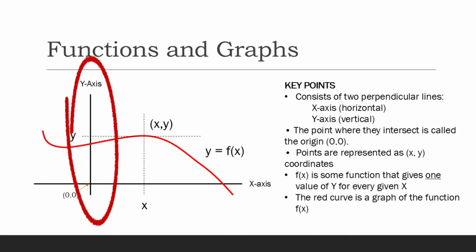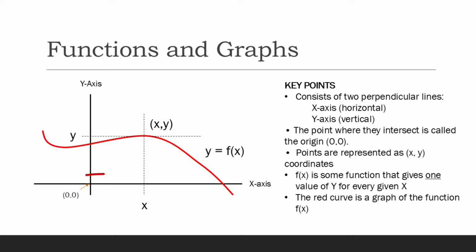The point where they intersect is called the origin (0, 0). Points are represented as x, y coordinates. f(x) is some function that gives one value of y for every given x. And here, the red curve is the graph of a hypothetical function f(x).